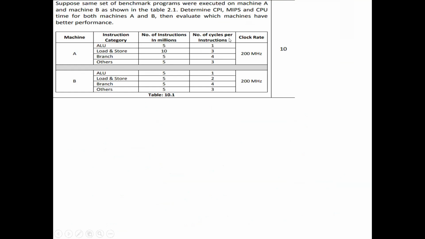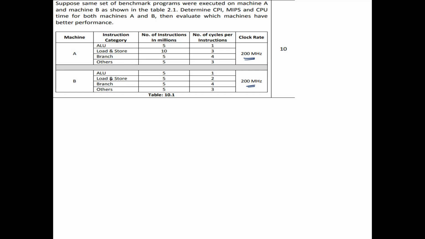Okay, so there are two machines, machine A and machine B, and both machines are operating at the same clock rate. This one is working at 200 megahertz, and machine B is also operating at the same frequency, 200 megahertz. But they are executing instruction categories ALU, load store, branch, others.